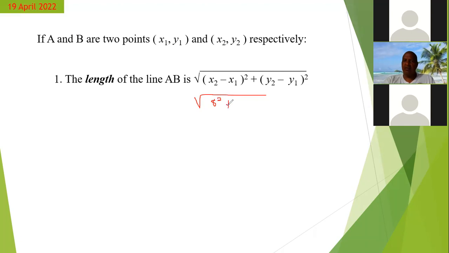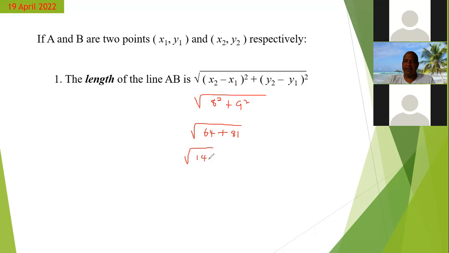And then the y value would be 9, and we'd have 9 squared. So you just work this out: 8 times 8 is 64, 9 times 9 is 81. You add them together, that would give you 146. And so it will be the square root of 146.